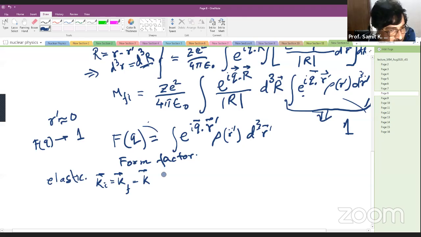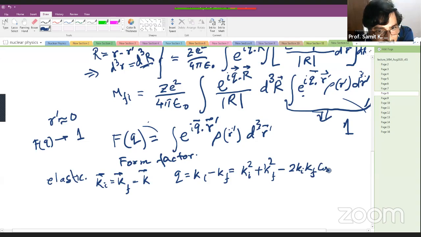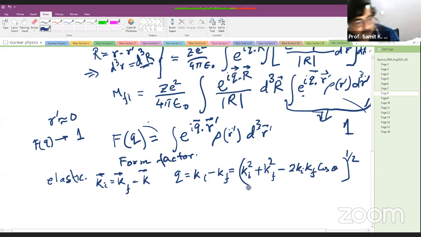If I consider this, then q, I can write from k initial and k final, as k_i squared plus k_f squared minus 2 k_i k_f cos theta.